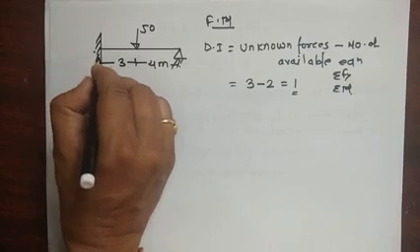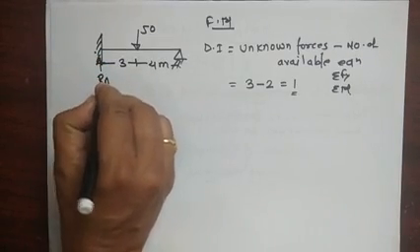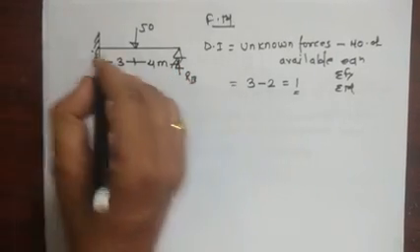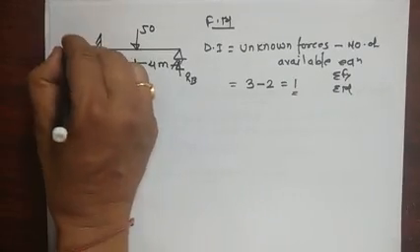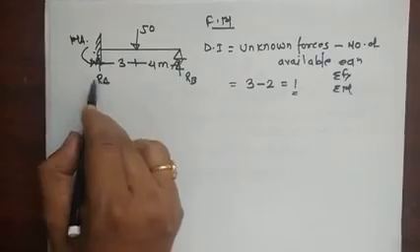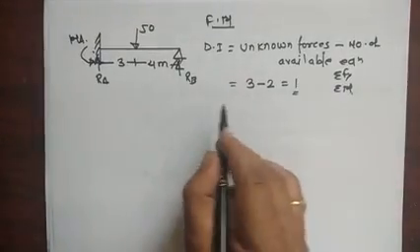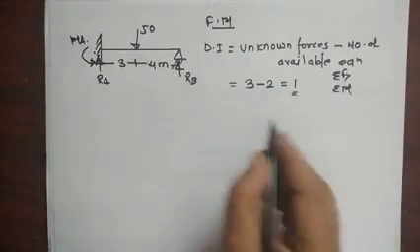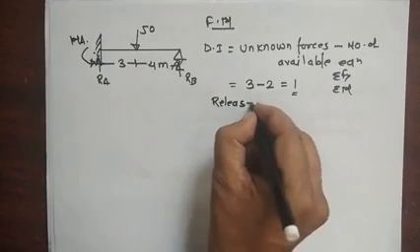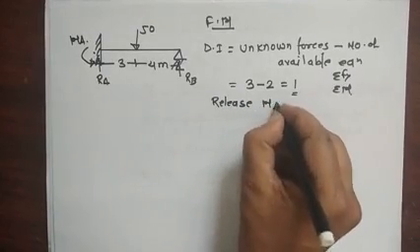Here is 1 force vertical here, RA, RB, and here the MA. Among these three forces, we have to release the one force. So here we release the MA.